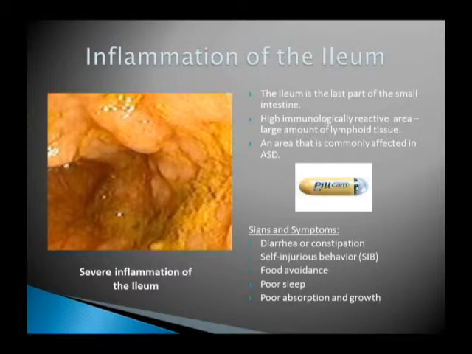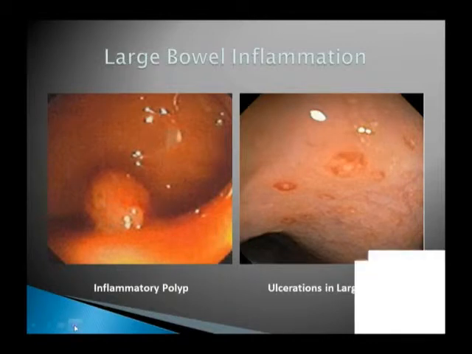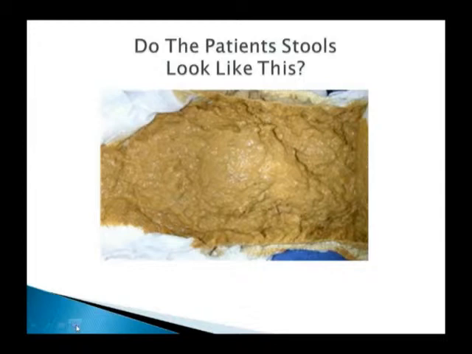And that's exactly what we see here, severe inflammation of the ileum, the last part of the small intestine. Well, we can also get inflammatory lesions in the large bowel too, which is what gets picked up through colonoscopy. So inflammatory bowel disease is clearly a documentable medical problem in some cases of autism.